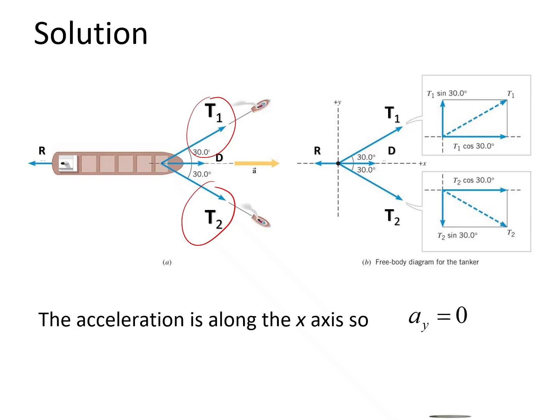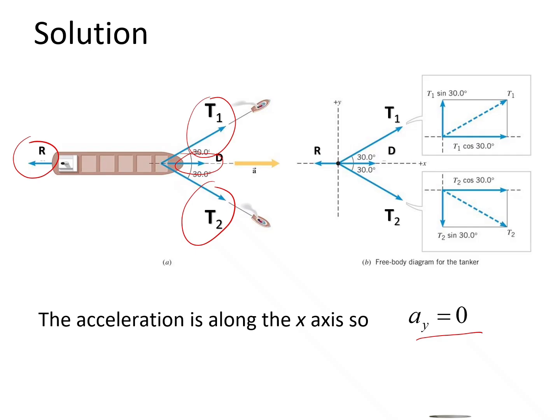The drive force D from the tanker's engines points forward, along the positive x direction. The water resistance force R opposes the motion, so it points backward in the negative x direction. The acceleration is along the x-axis, and this tells us that the y component of the acceleration is 0.